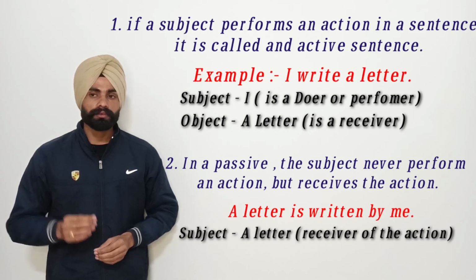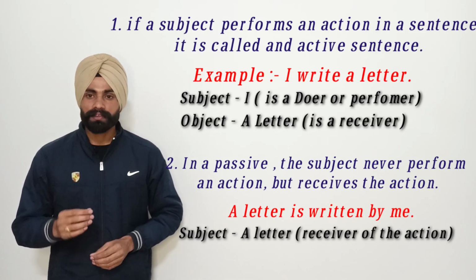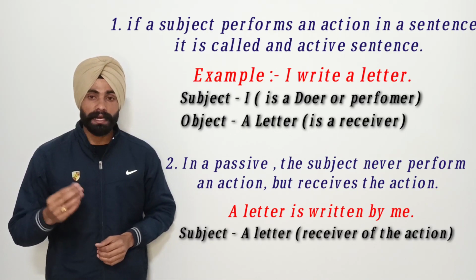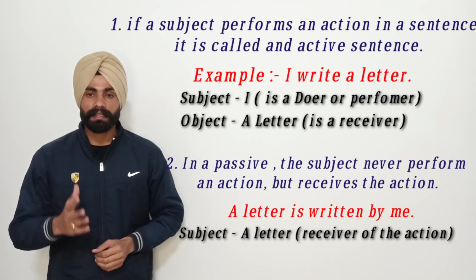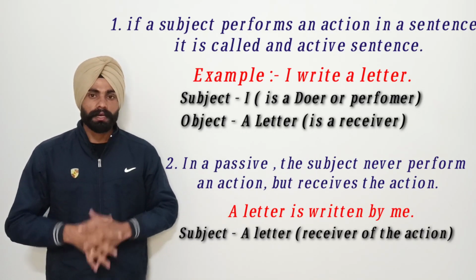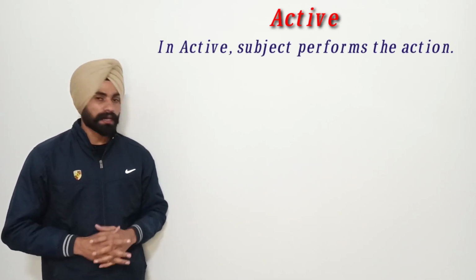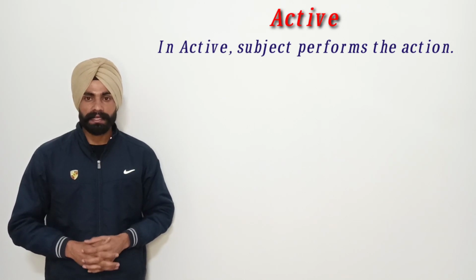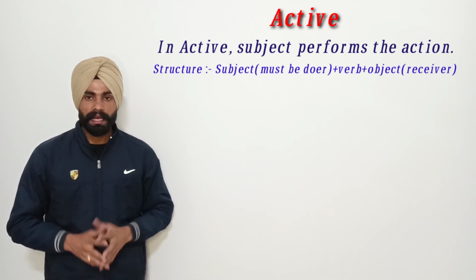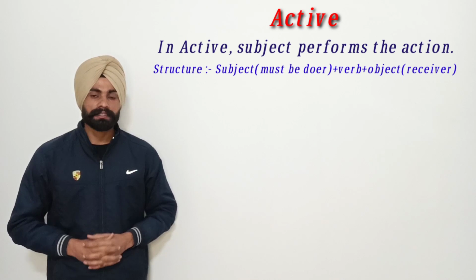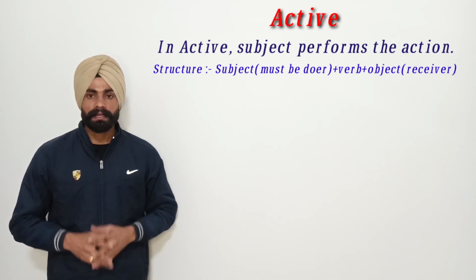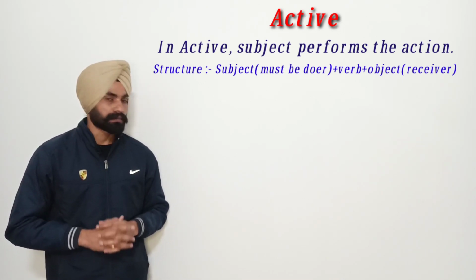Now I would like to tell you in the form of definition. Now we will do the definition of active as well as passive. So now here is the definition of active tense. In the active tense, the subject performs the action that is shown by the verb. Every action that happens in the active sentence is done or performed by the subject.